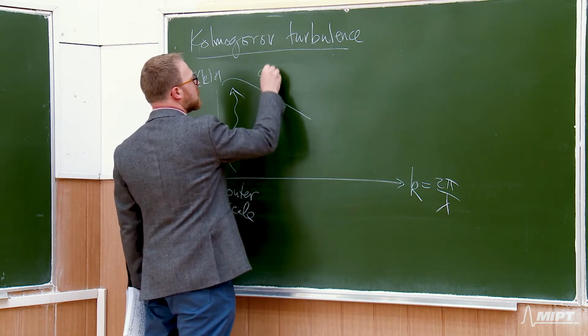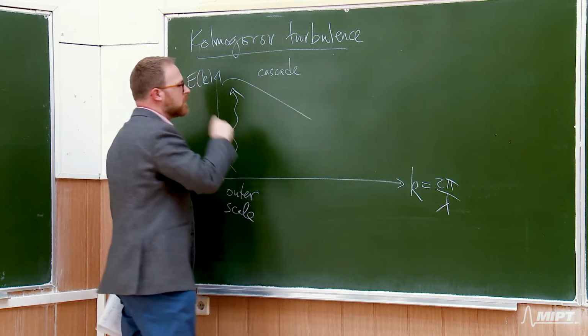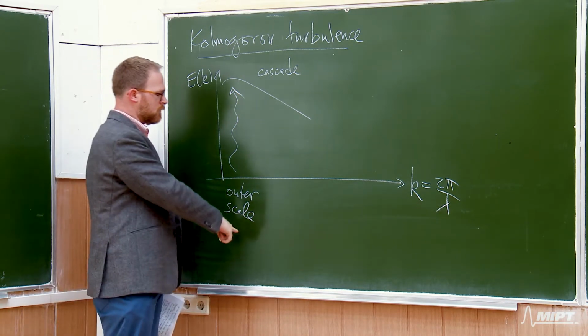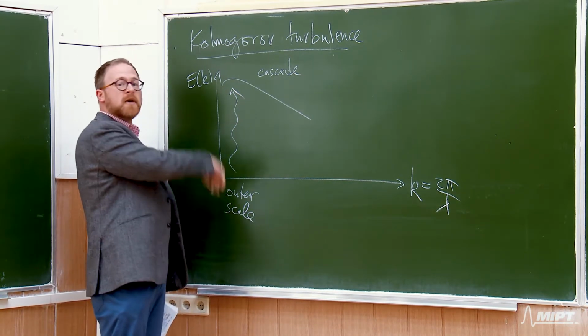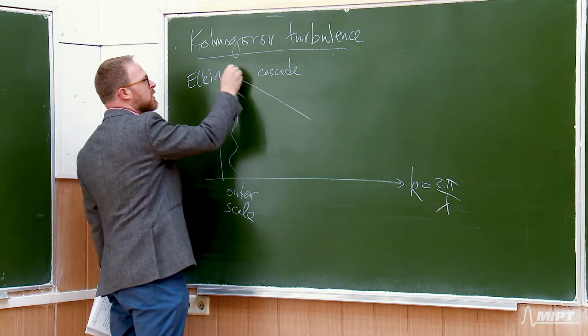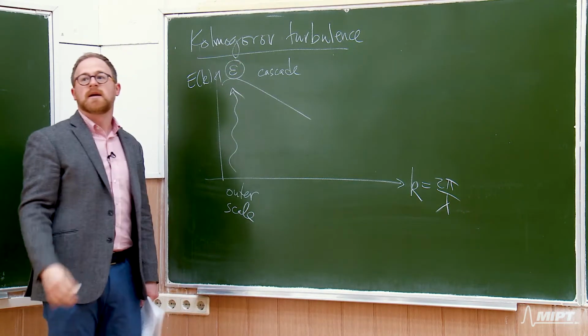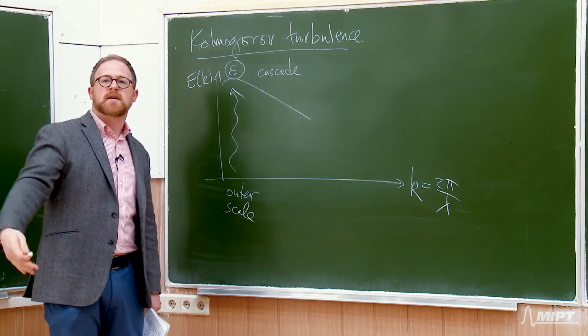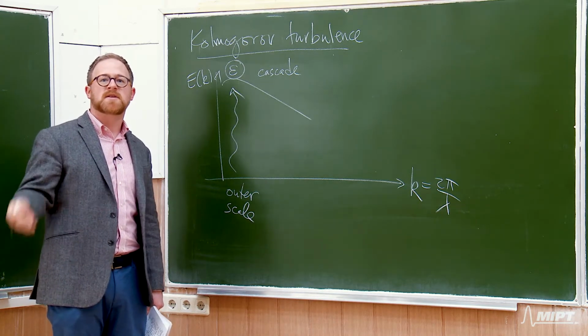So this is called a cascade. And the assumption in Kolmogorov is that whatever amount you're driving, so there's some energy input, which is epsilon, this energy is just channeled from scale to scale down to smaller and smaller scales conservatively.